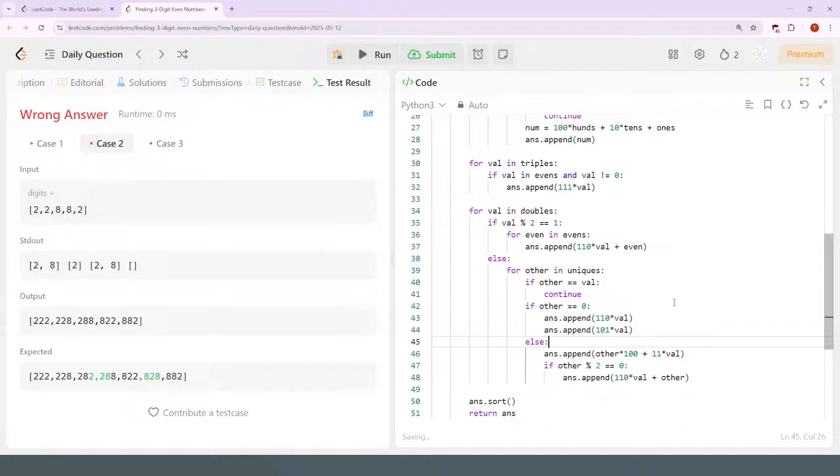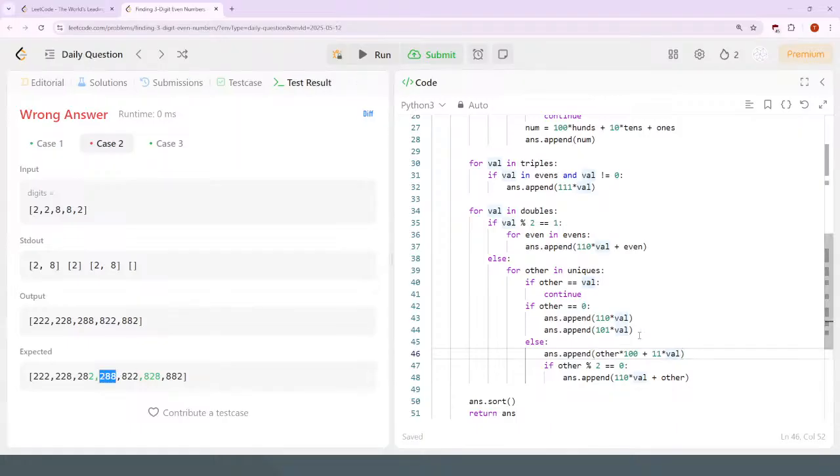Okay. Else, if the other value is something besides that, and we're dealing with an even double, other value times 100 plus 11 times the value. I thought that would give me 288.